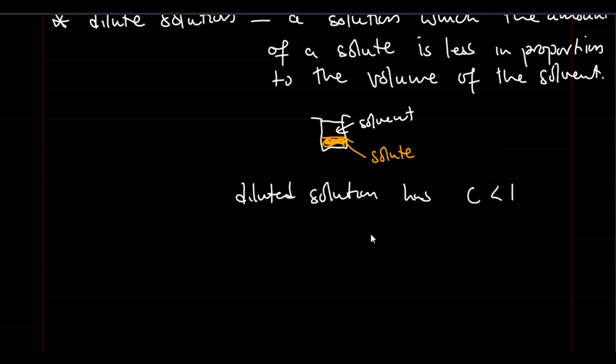Why do I say that? Because concentration is given by number of moles over volume, right? So if the amount of the solute is less in proportion to the volume, then we will have a number that is less than 1, and then we say that solution is diluted.